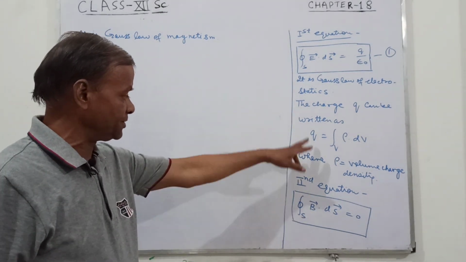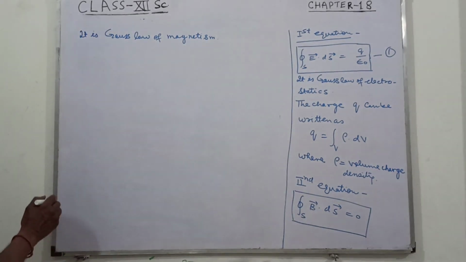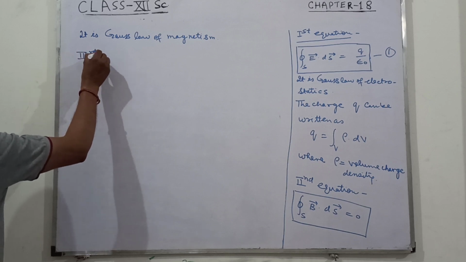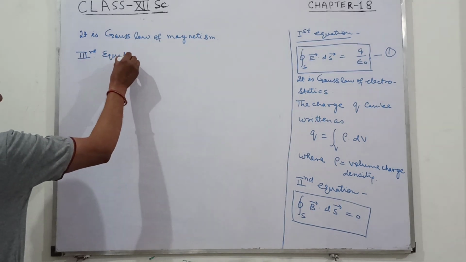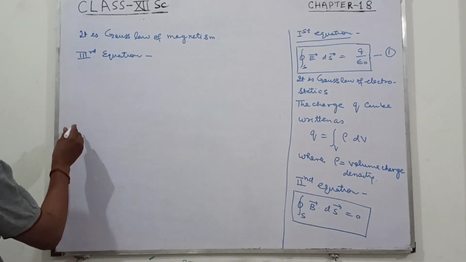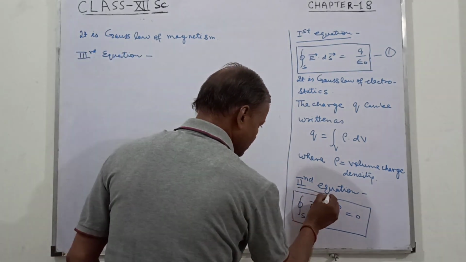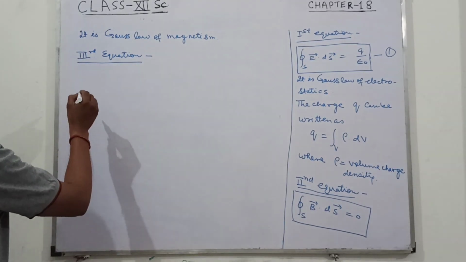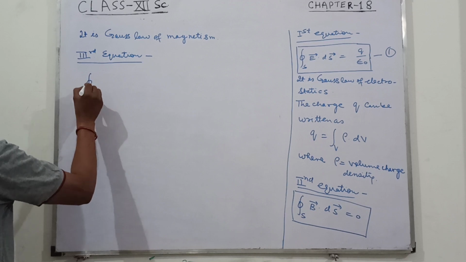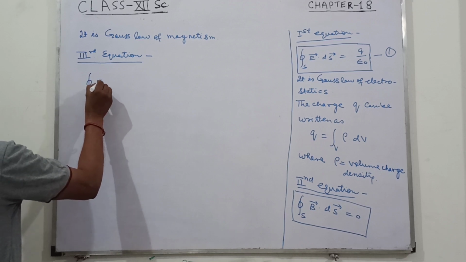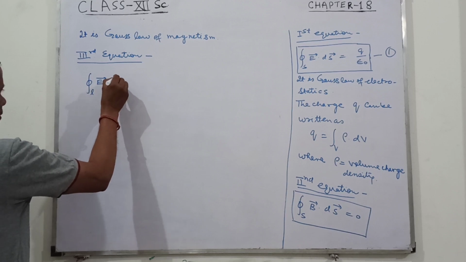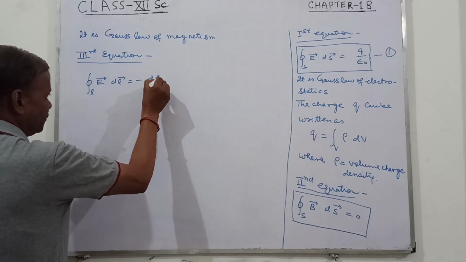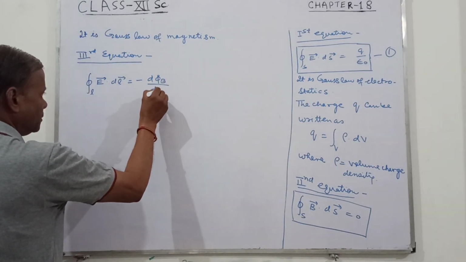So you have these two equations, and now the third equation: line integration E dot dl equal to minus d phi B upon dt.